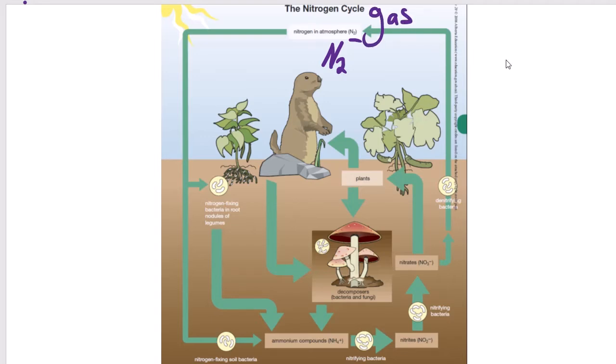And the nitrogen that's in the atmosphere as a gas is trapped there more so than water or carbon in the carbon cycle. And that's because it's harder for living things to access.